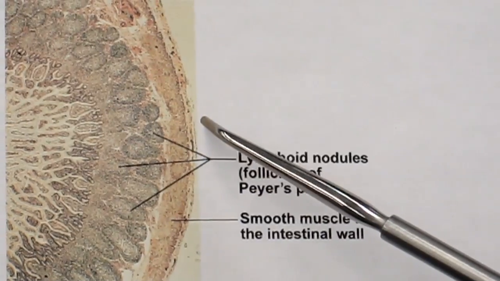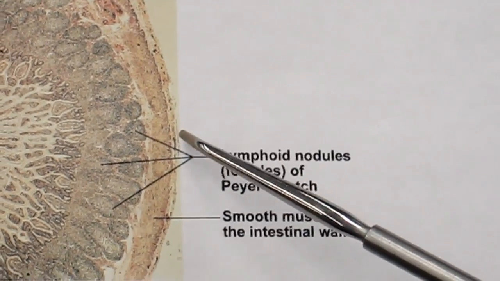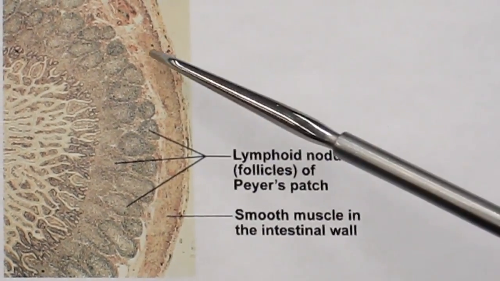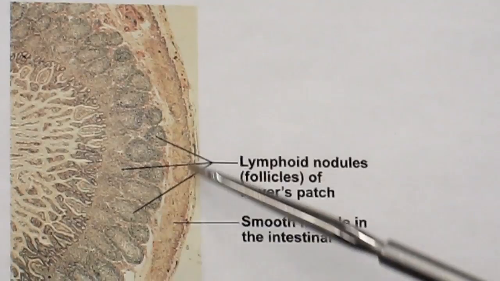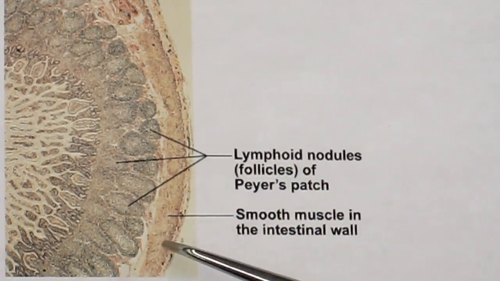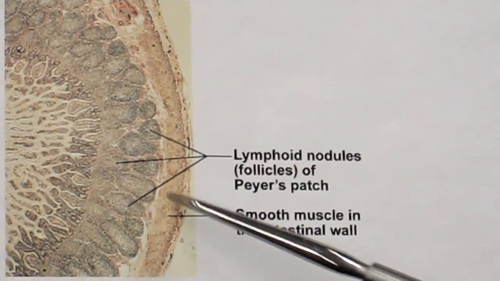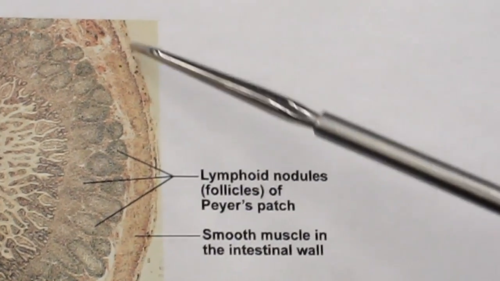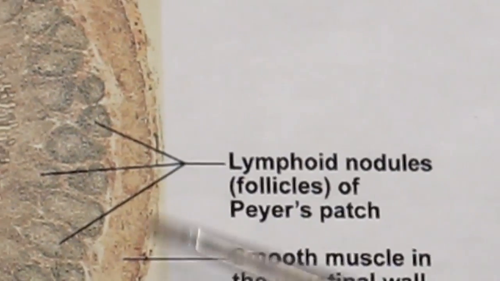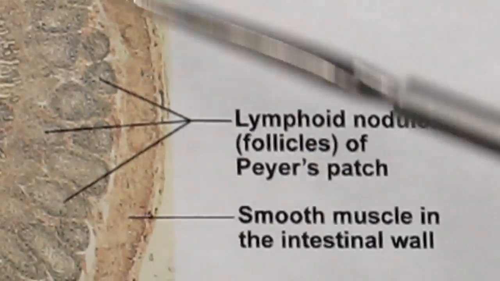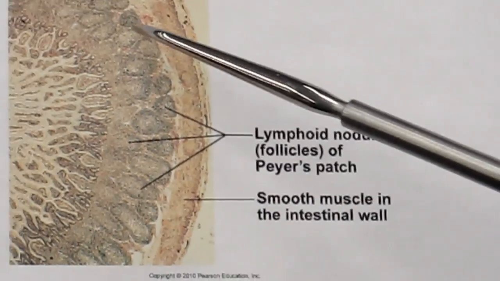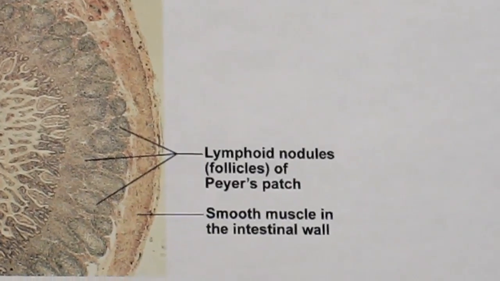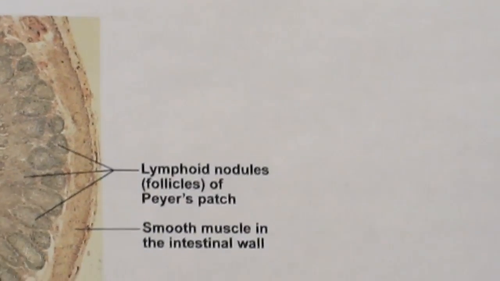Then as you move toward the external surface of the organ, you're going to see a couple of layers of smooth muscle. We're lucky in the specimen that we have that the smooth muscle is very obvious and distinctive. So look for the fingers facing the lumen, the smooth muscle closer to the wall, and the lymphoid nodules in between. That's a good set of clues to put together for the Peyer's patches.